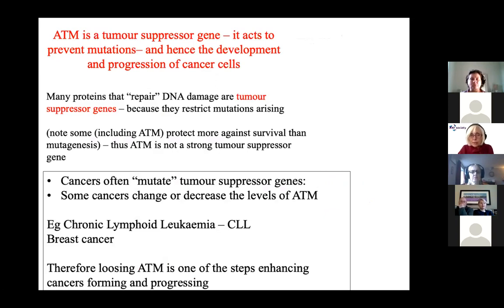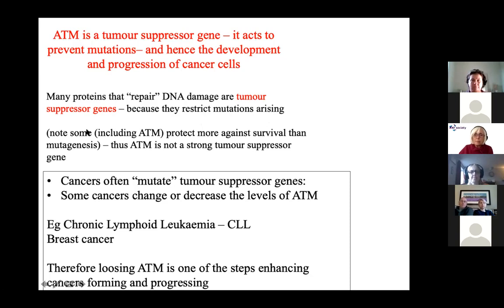So because of all this, ATM is called a tumor suppressor gene. What that means is it's preventing mutations and helps prevent the development and progression of cancer cells. And many proteins that repair DNA damage are tumor suppressor genes, i.e. they restrict mutations arising.